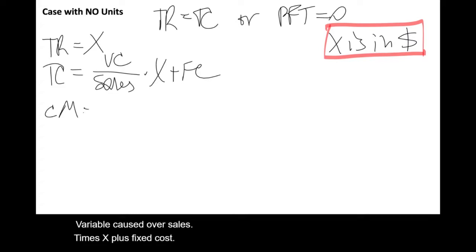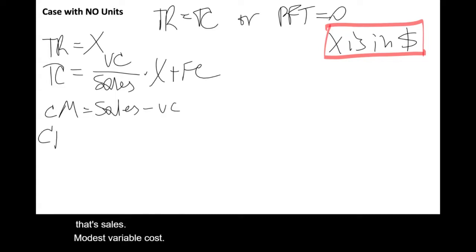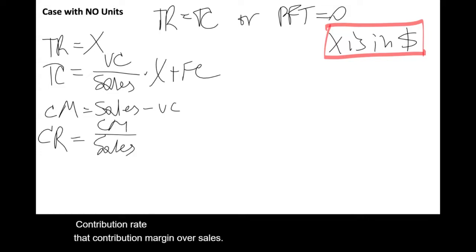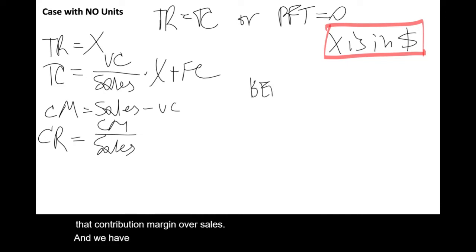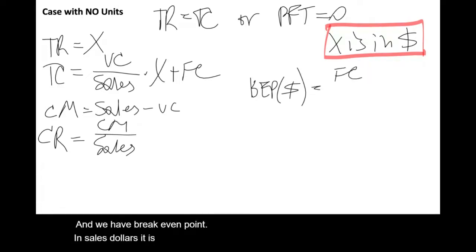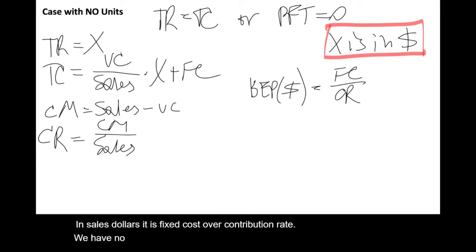Contribution margin is sales minus variable cost. Contribution rate is contribution margin over sales. And we have break-even point in sales dollars: it is fixed cost over contribution rate. We have no alternative here, that's the only one.